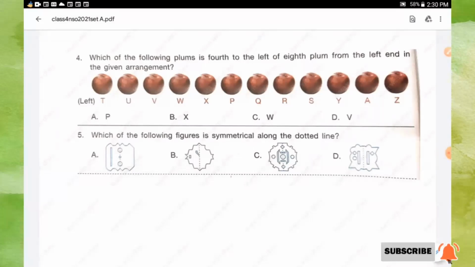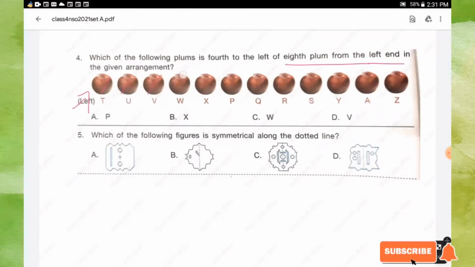Ma'am, option C. See, let's check. You have to read the question from the last part. So left end in the arrangement, this is the left side. Then the eighth plum from the left end. So which is the eighth plum?